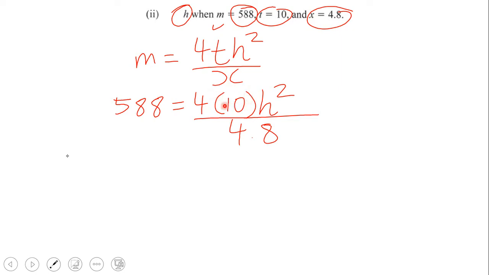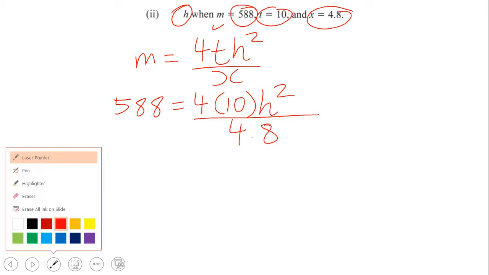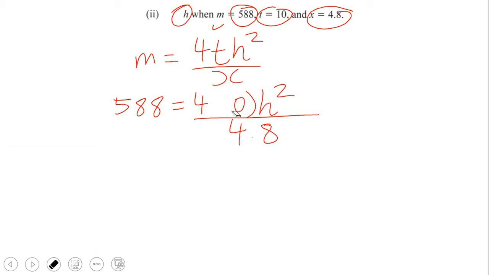All this just means 4 times 10 times H squared. What is 4 multiplied by 10? 4 multiplied by 10 is definitely 40. Now we have H squared divided by 4.8.